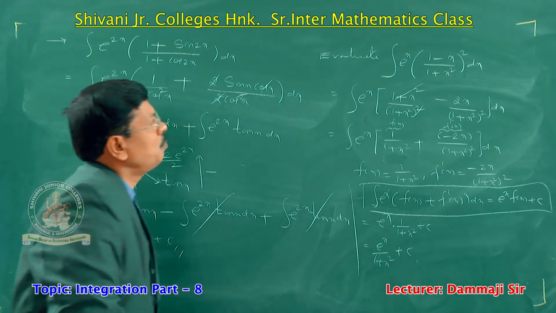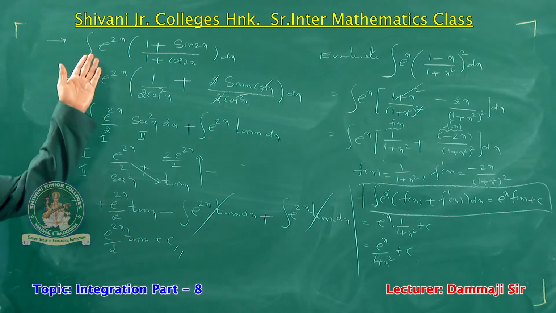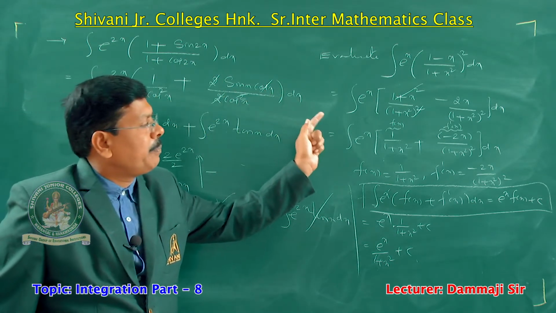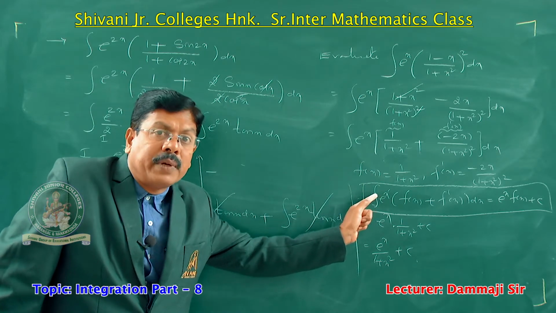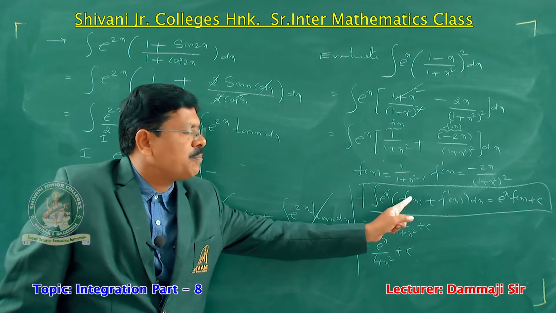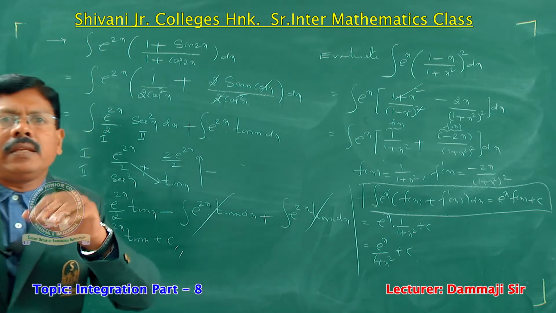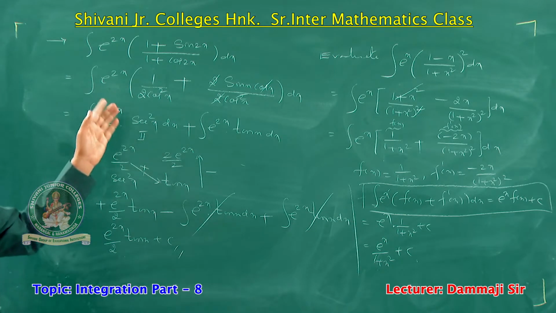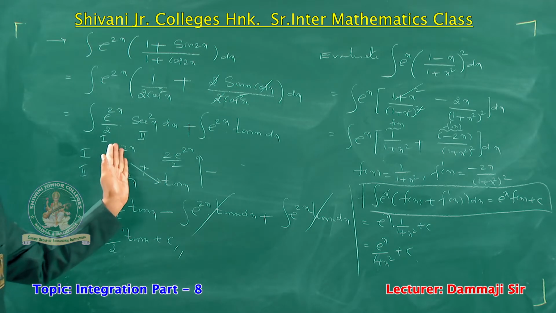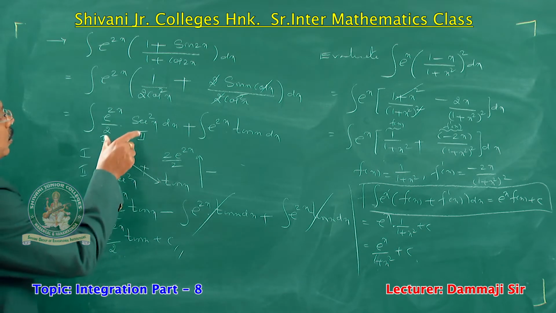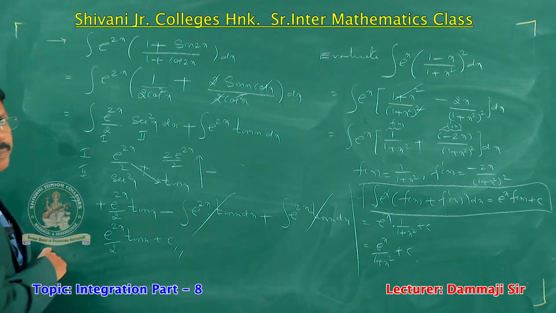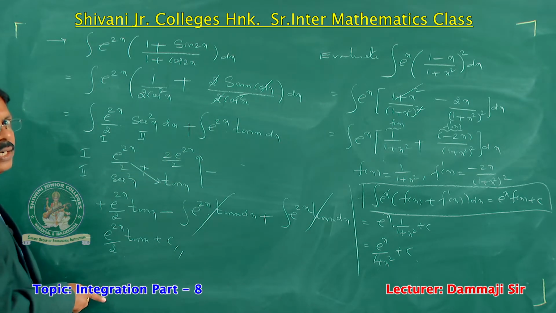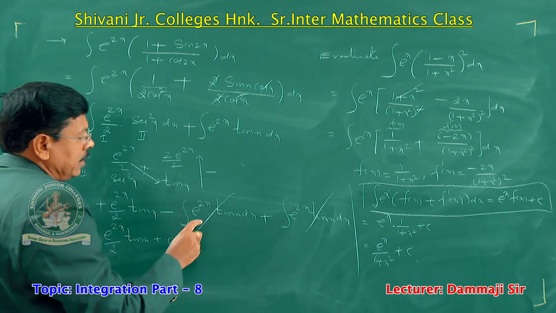What about both functions involving the e power x formation? In case it is possible to reduce to the formation f of x plus f dash of x, or in case you don't know that formation, you can use integration by parts. First, apply integration by parts to the first one, and just keep the second one as it is. Then we have the result, but with cancellation.